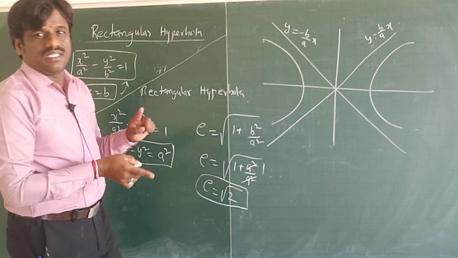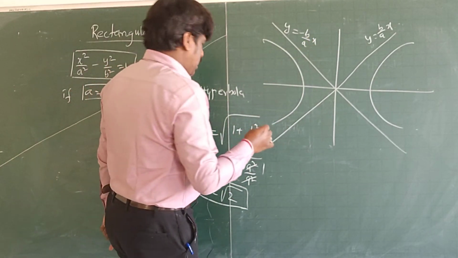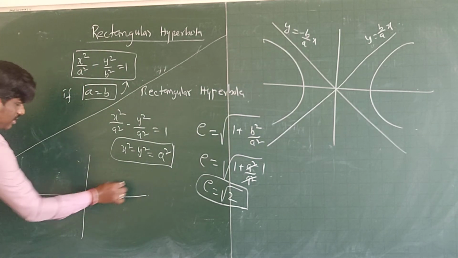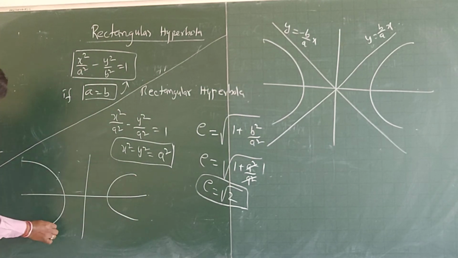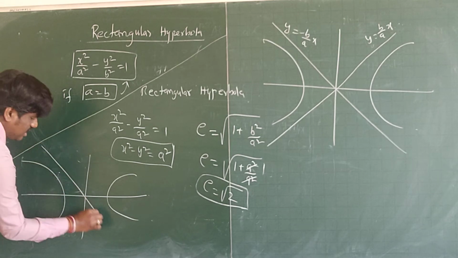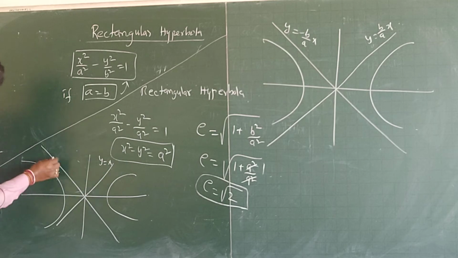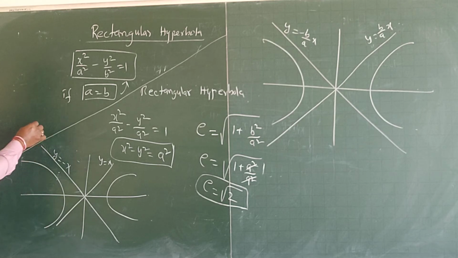But here b is equal to a, if I substitute in this rectangular hyperbola, this becomes y is equal to x and this becomes minus x. So the asymptotes are y is equal to x and y is equal to minus x.